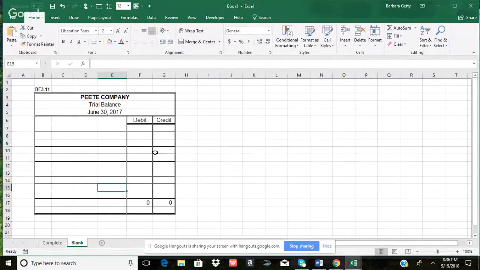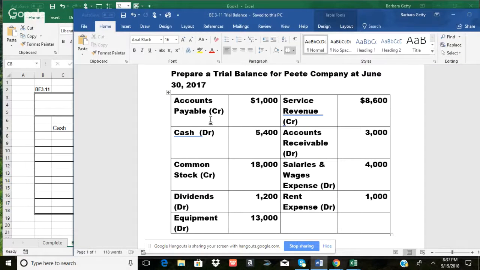But the ones that we were given, first was cash. So I'm going to type cash in, and the cash amount was 5,400. And when they listed it in the book, they had all of them in there, and I put CR because I wanted to know which ones were credit and which ones were debit.